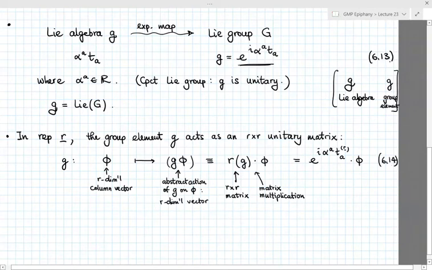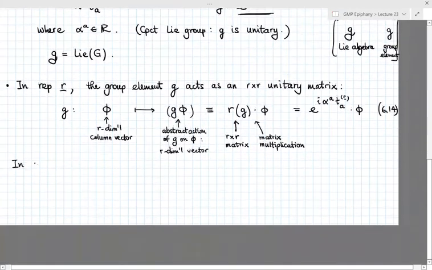We can write all of this in components. In components, we have, say, the jth component of phi gets mapped to R of G, which is an R by R matrix, has two indices, j and k, and the k index is contracted with phi k.